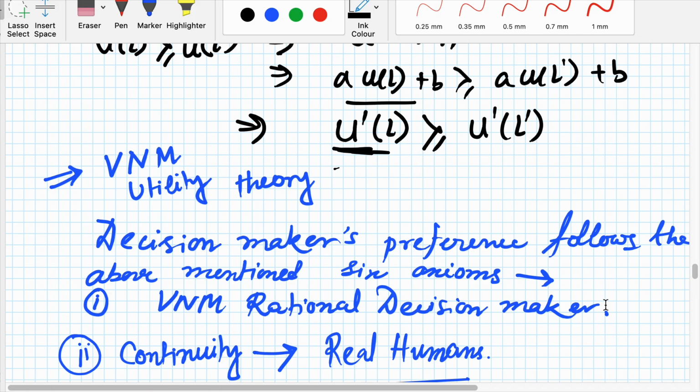If any agent's preferences are consistent with these 6 axioms, that agent is called a VNM rational agent, and we say that the agent takes decisions as if he is maximizing his VNM utility. That means he is rational in the sense of VNM expected utility theory.